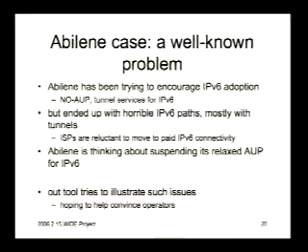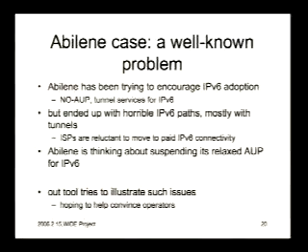Abilene has been trying to encourage IPv6 adoption, and there are no AUPs, or they provide tunnel services for IPv6. But Abilene ended up with horrible IPv6 paths, mostly with tunnels.